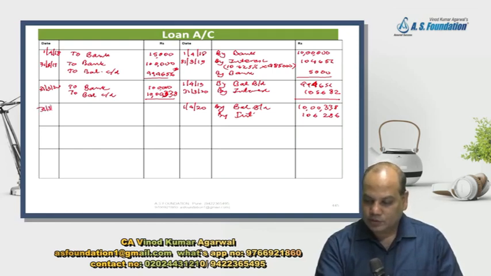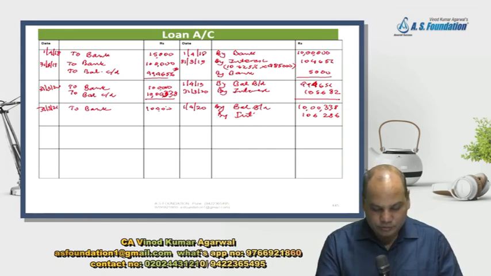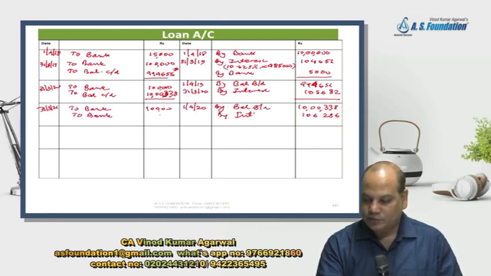Come to 31st March 2021. To bank, 2 items I will write. First I will write interest 1 lakh. Who paid credit verification to whom? B Limited received 10,000. So it means C Limited paid, loan to bank, in bracket credit re-verification fees.